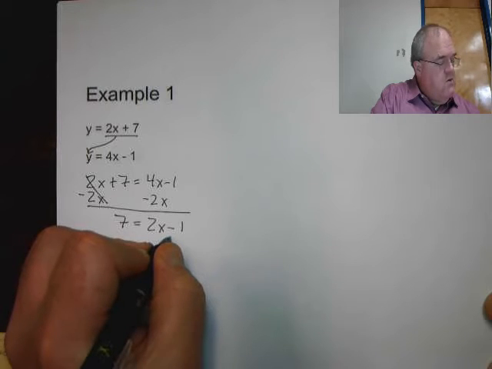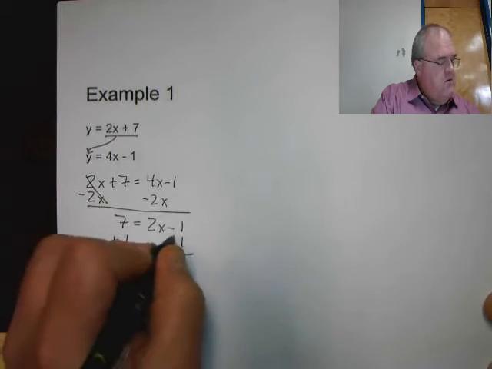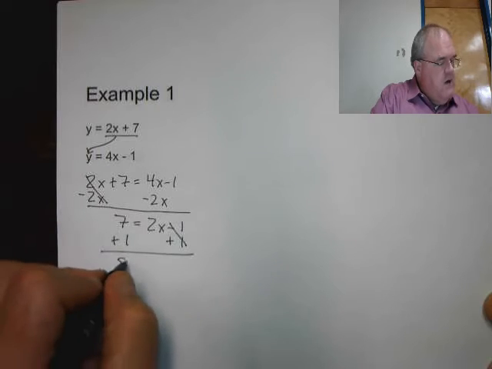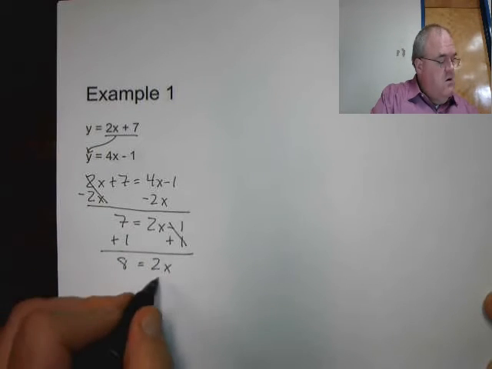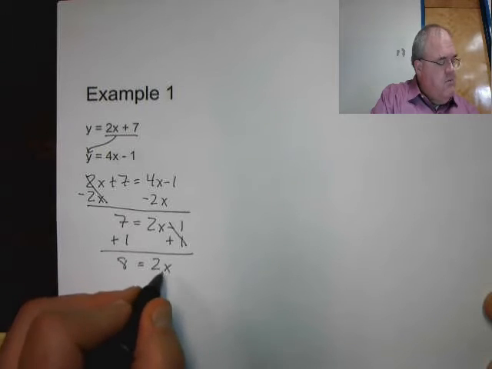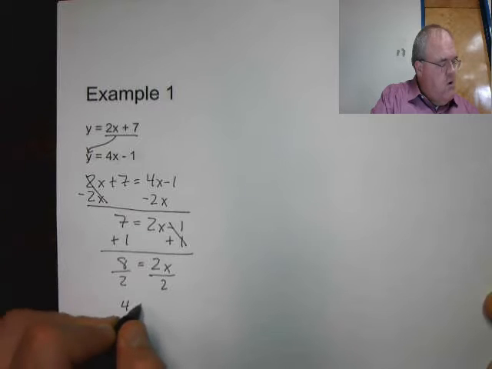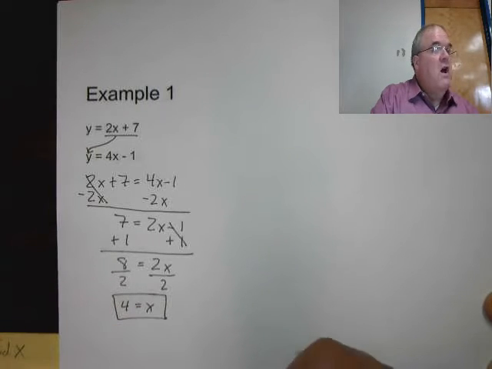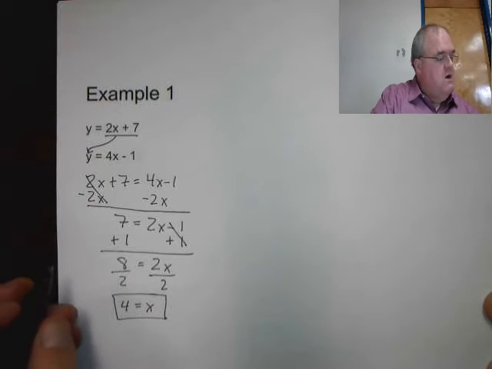Then I'm going to add 1 to both sides, and I get 8 equals 2x. Now I have 2 times x, so I need to divide by 2, and I get 4 equals x. So I've just solved for x. I need to come back up and solve for y.